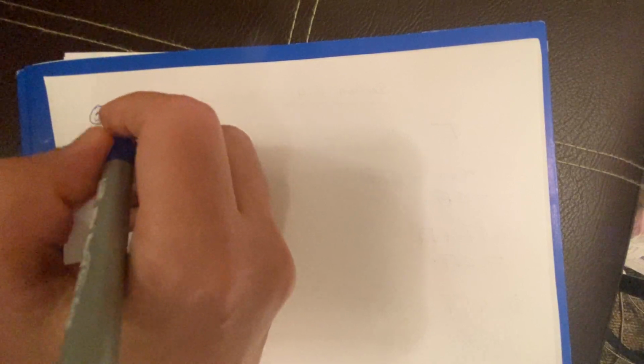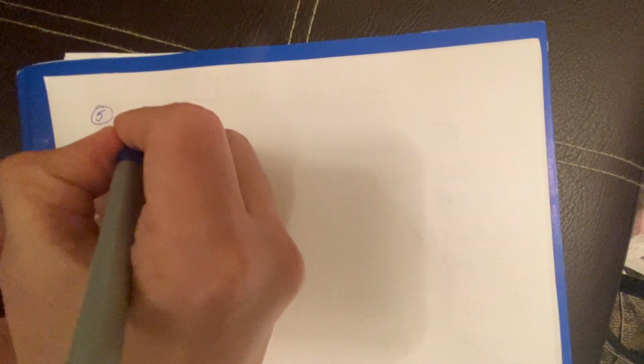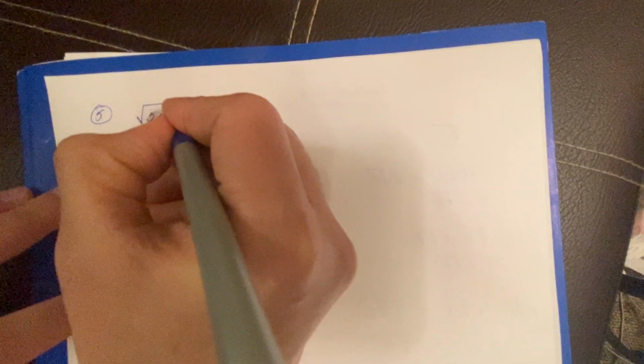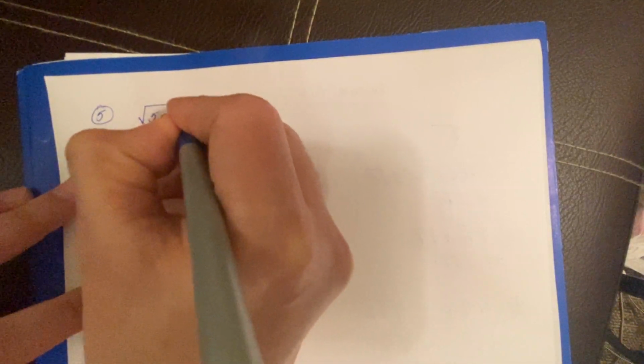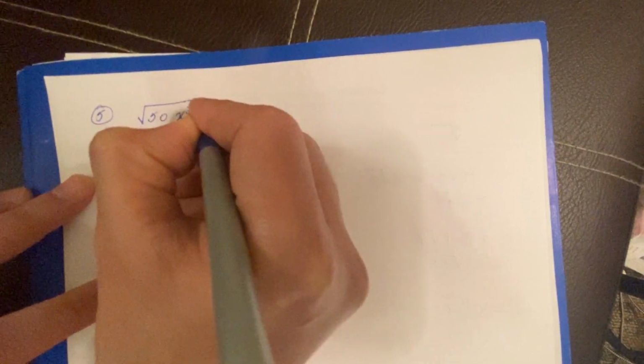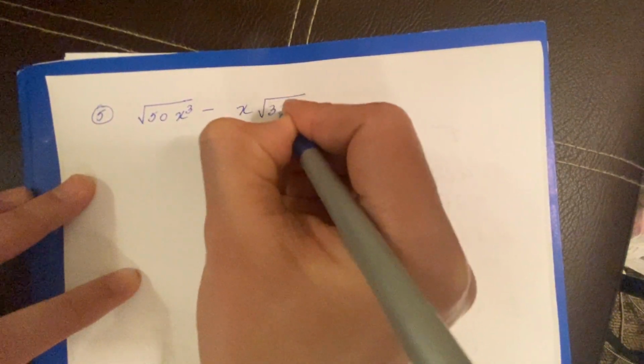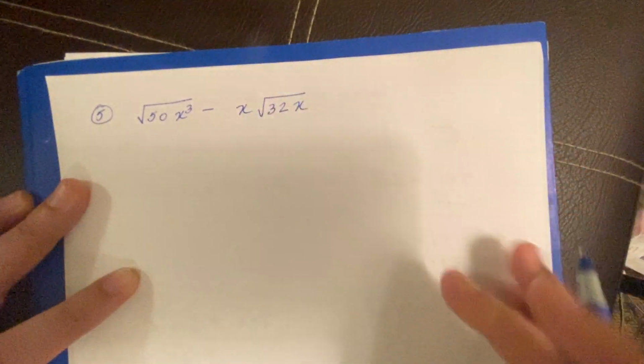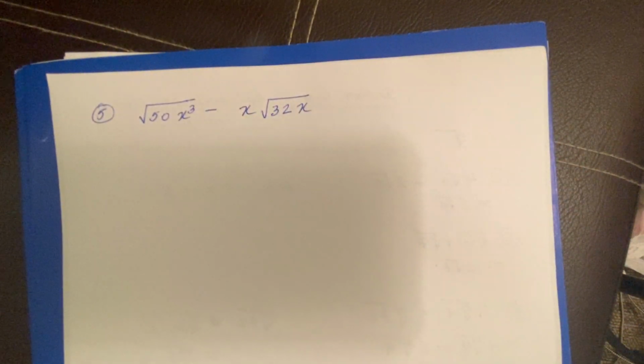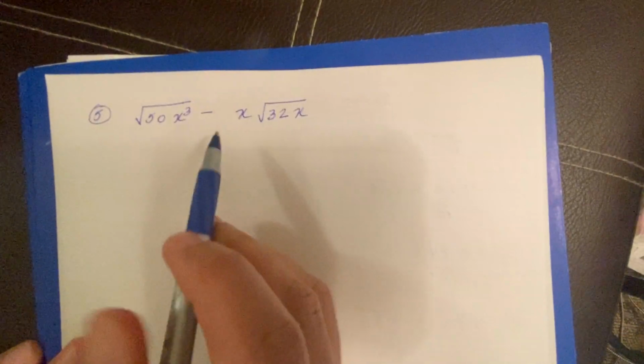So let's say now if we have square root of 50 times x cubed minus square root of x times 32 times x. All right, so now we need to combine these two, or basically here we need to subtract these two, right?